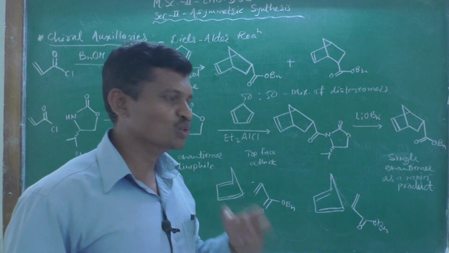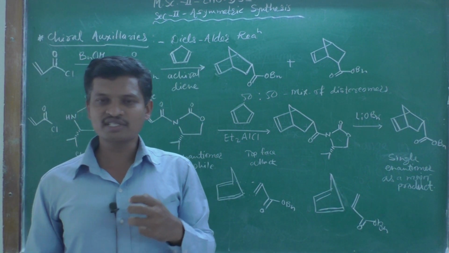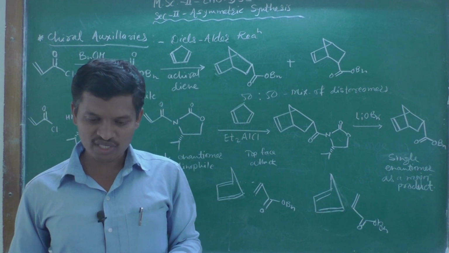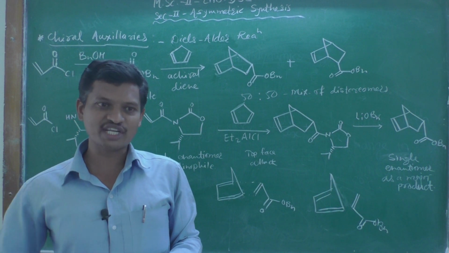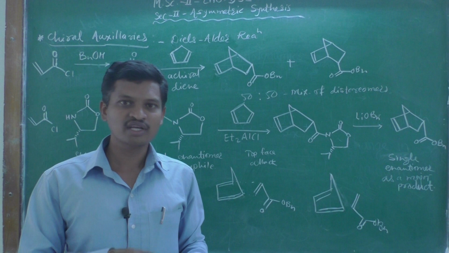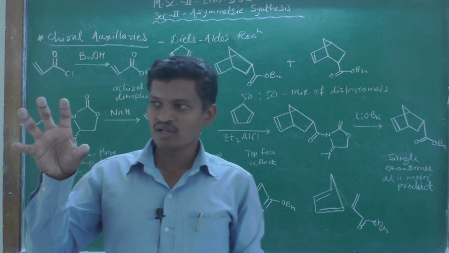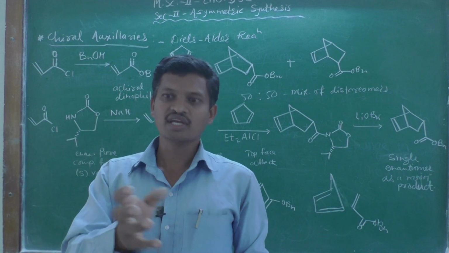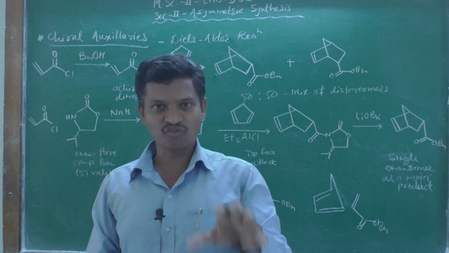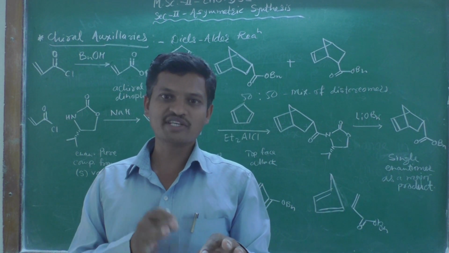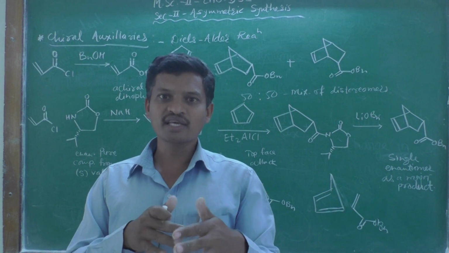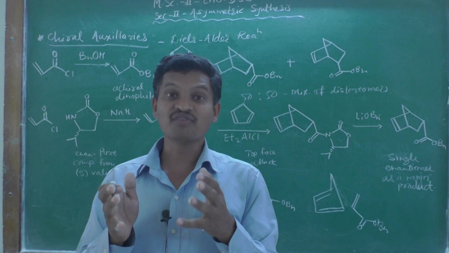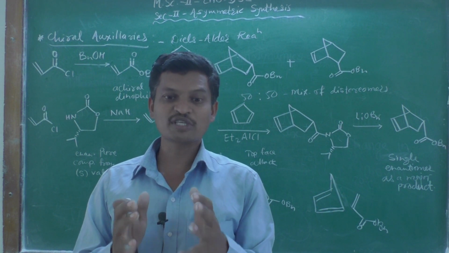Now if we use a chiral dienophile, or a dienophile which has a chiral moiety incorporated in it, means we have a specific dienophile and a chiral molecule is introduced and embedded into that dienophile, then due to this chiral moiety the stereochemistry of that dienophile is defined.